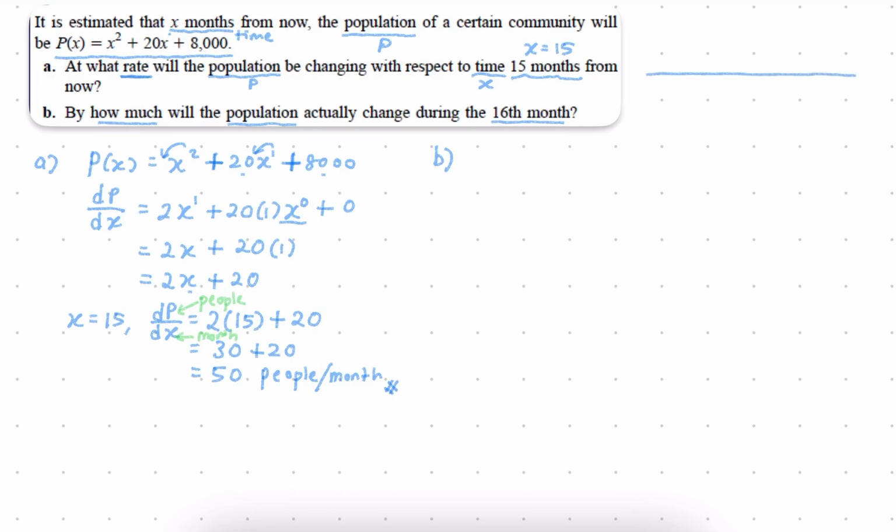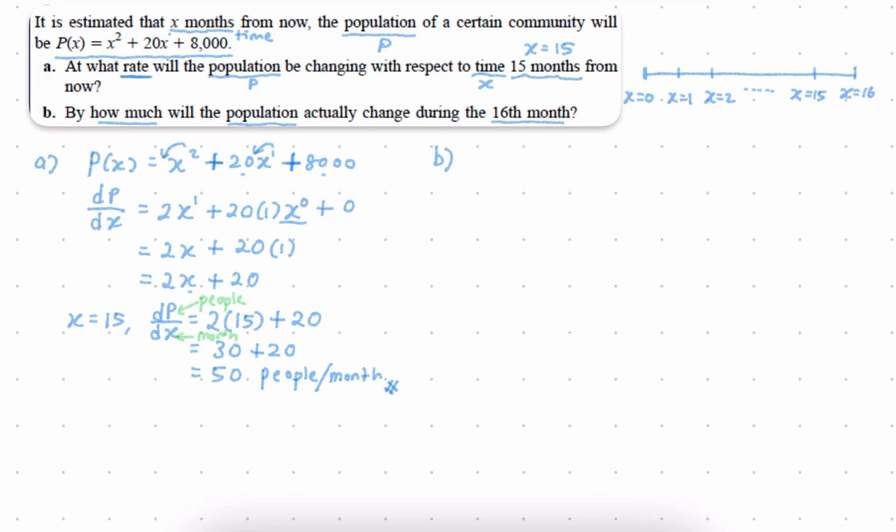For example, I label the timeline like this: x is 0, x is 1, x is 2, and it continues, and here is x is 15 and x is 16.